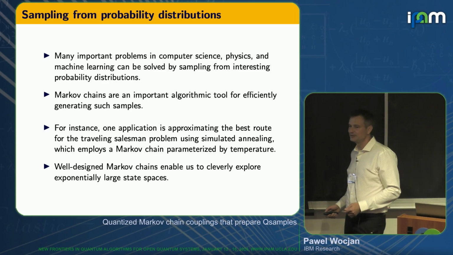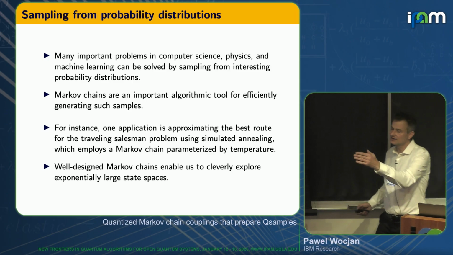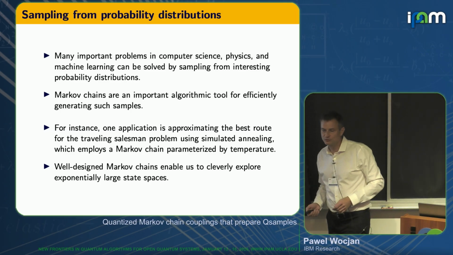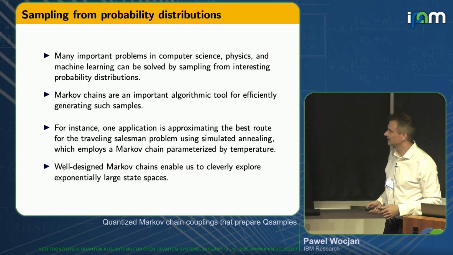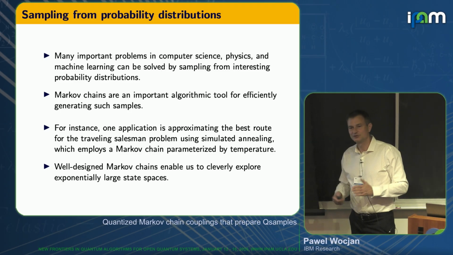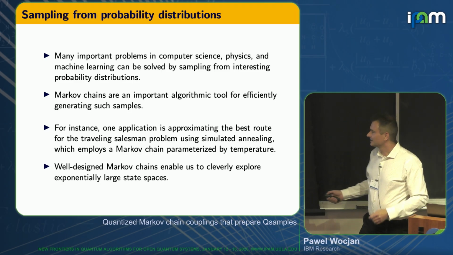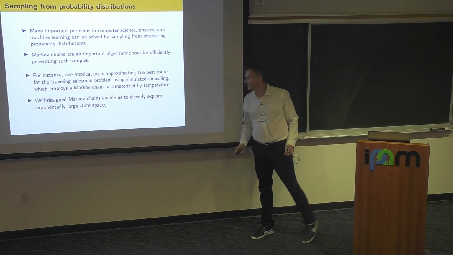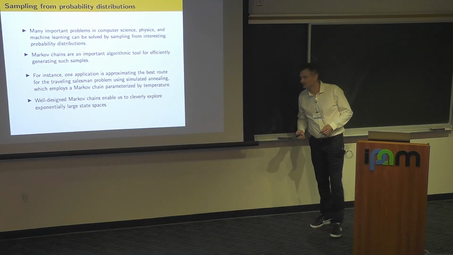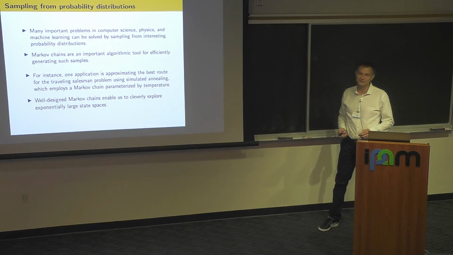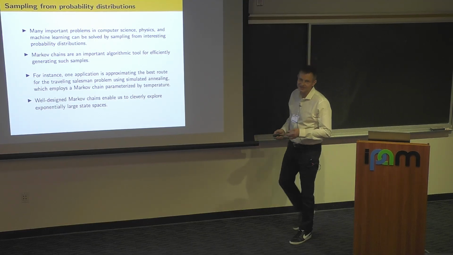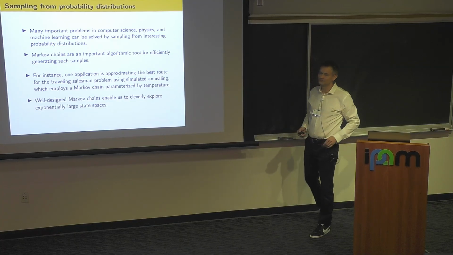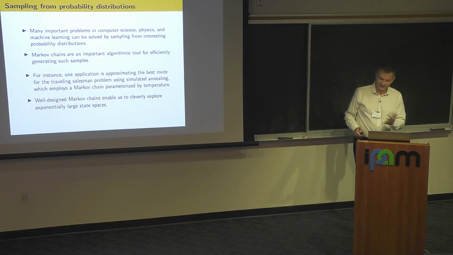And as the inverse temperature becomes larger and larger, hopefully you find a low energy solution, which corresponds to a short route. Roughly speaking, well-designed Markov chains enable us to cleverly explore exponentially large spaces, so maybe you don't waste time looking at solutions that are bad, and hopefully you can focus on the ones that are close to optimal.